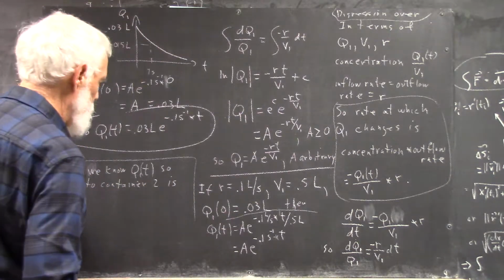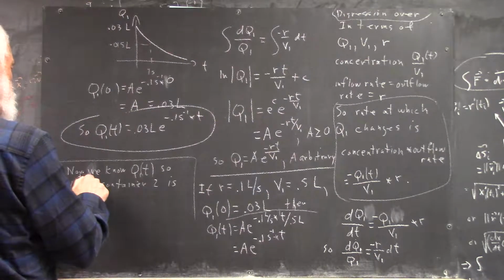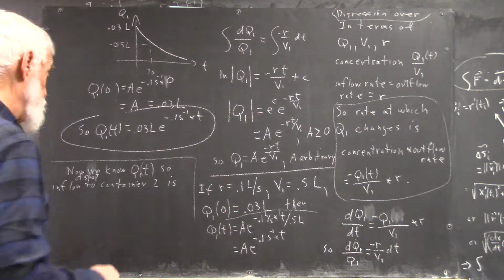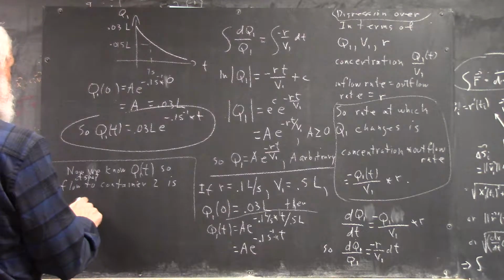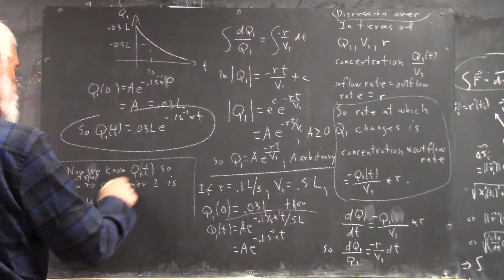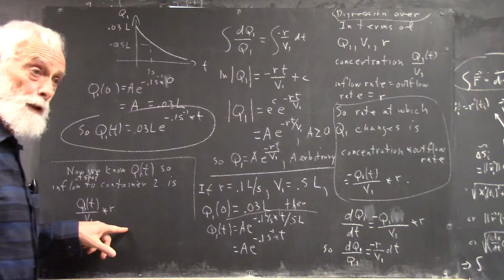And by the inflow, I mean the inflow of soap to container 2 is this variable quantity, right?